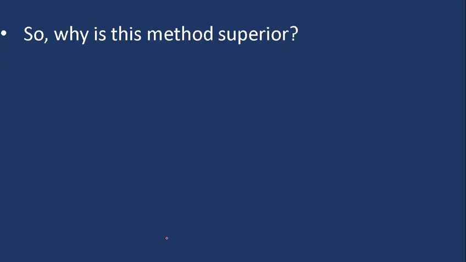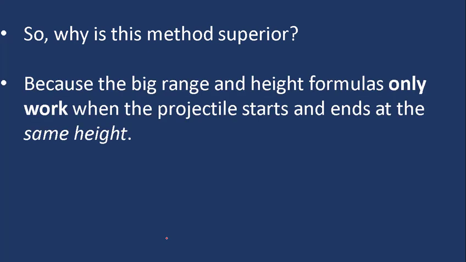The question is, why is this method superior? Or why is this method better? The reason is that the big range and height formulas that we saw earlier only work when the projectile starts and ends at the same height. That means if this is the ground and an object starts its projectile motion and comes back to the same level, in that case we can use those range and height formulas.